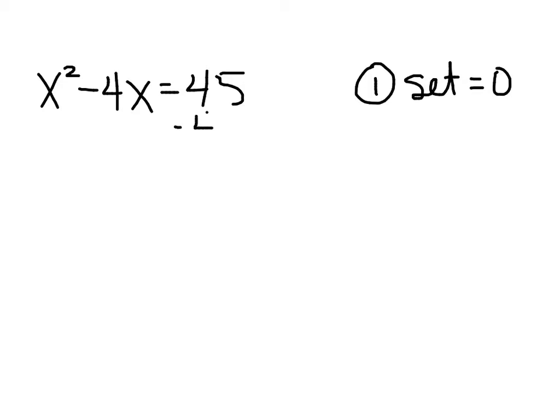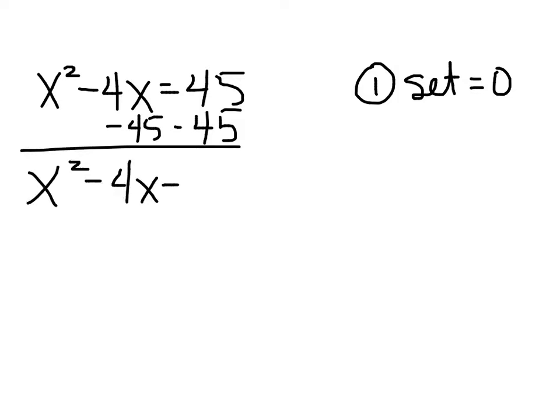Subtract the 45 over. So right now I have x squared minus 4x minus 45 equals 0. Then once I have set it equal to 0, my second step would be factor.